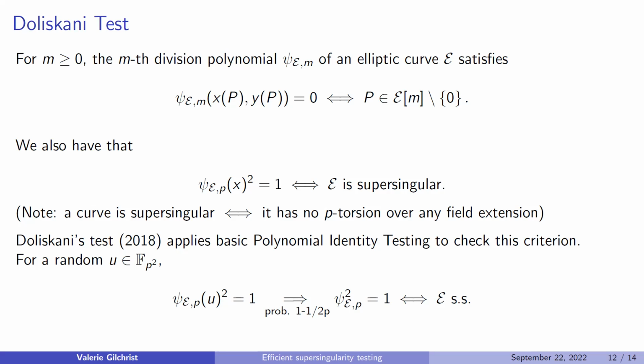Either the polynomial itself is 1, in which case we're definitely supersingular, or we happen to choose a root of the polynomial, in which case it's not constant, so you wouldn't be supersingular, but you wouldn't know it from the result. Now, the odds that you choose a root are quite small. So if you do get a constant value of 1 back, then you can say with probability 1 - 1 over 2p that it's supersingular. And so this algorithm does possibly categorize an ordinary curve as supersingular, but probably not. So we're fine.